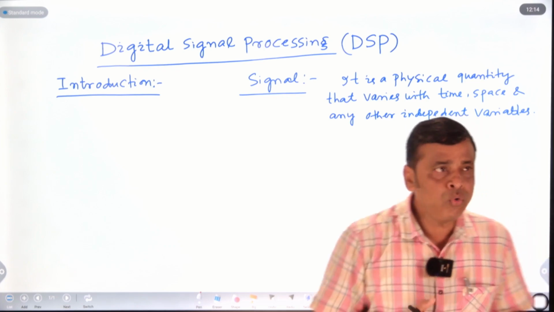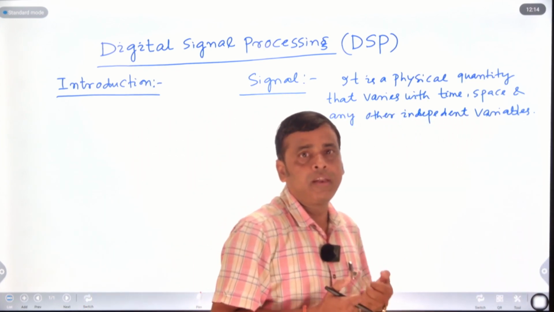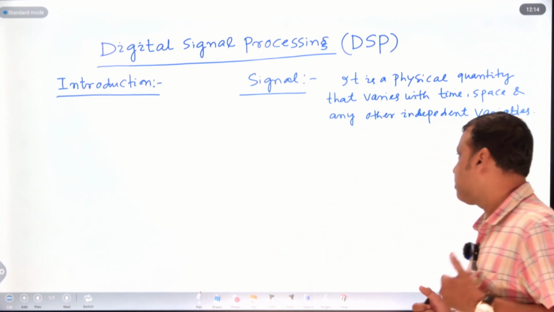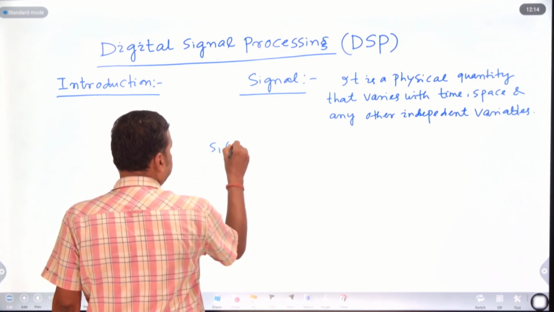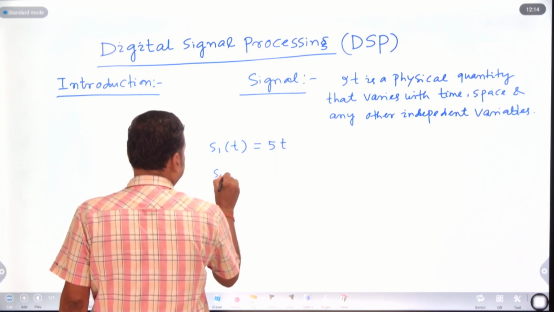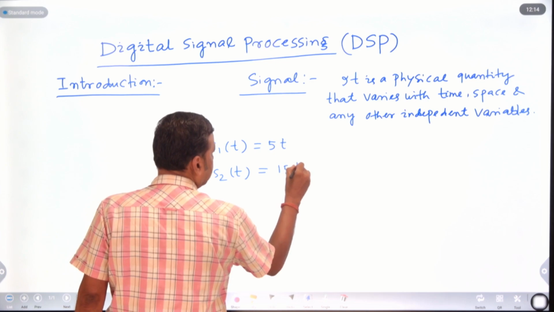So how will we represent the signal, that is important. For example, suppose S1 of t equals 5t and S2 of t equals 15t square.